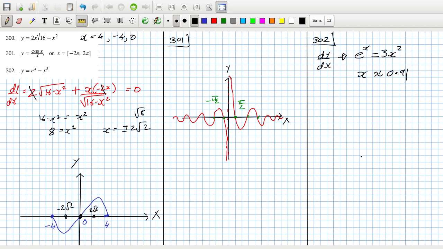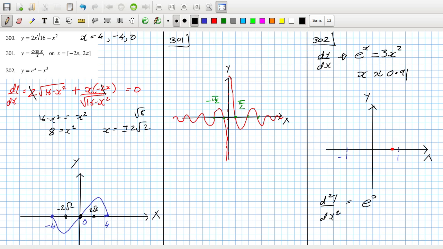So about 0.9. Second derivative, actually, should have a look at that.